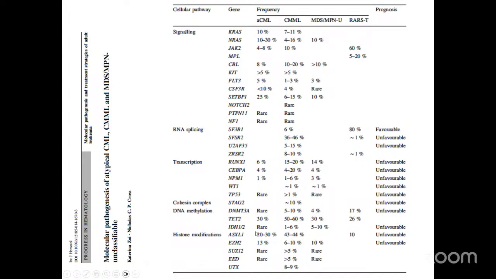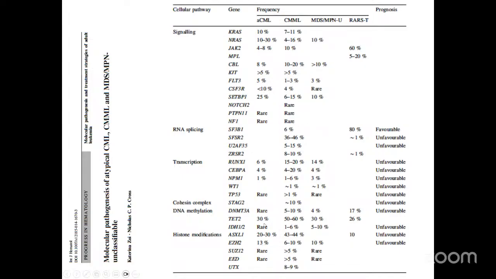CMML, there used to be monocytosis, and in the past, you would say that monocytosis can be seen in various reactive causes, and it had to be persistent for 6 months without a known cause, which was very hard to establish because sometimes these patients were hospitalized, and there were other reasons for monocytosis as well.